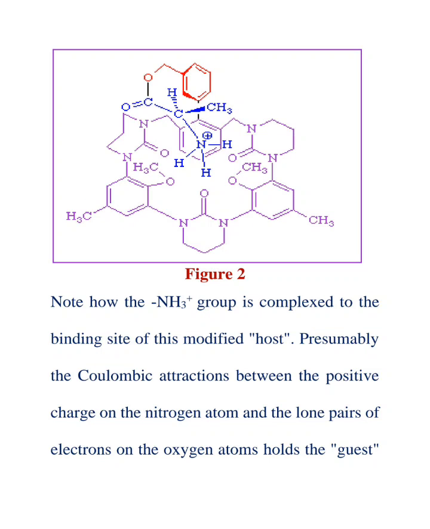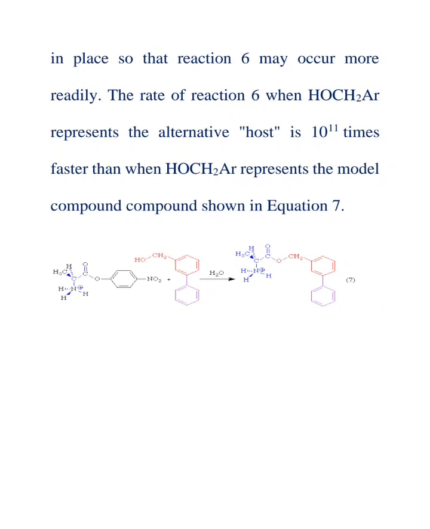Presumably, the Coulombic attractions between the positive charge on the nitrogen atom and the lone pairs of electrons on the oxygen atoms hold the guest in place so that reaction 6 may occur more readily.